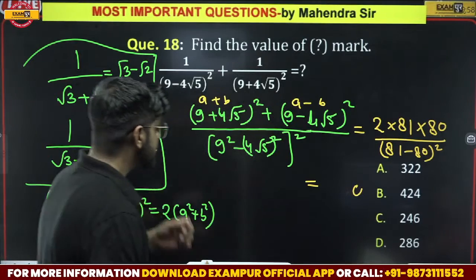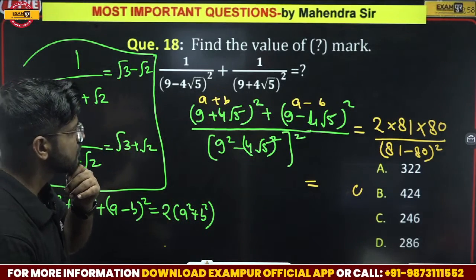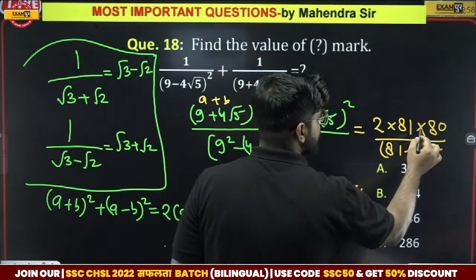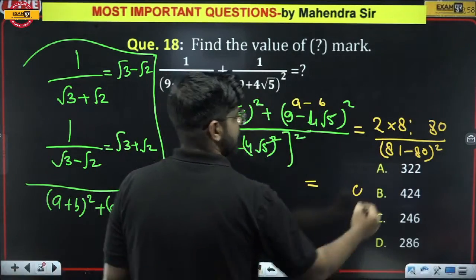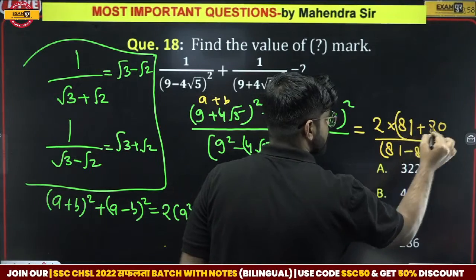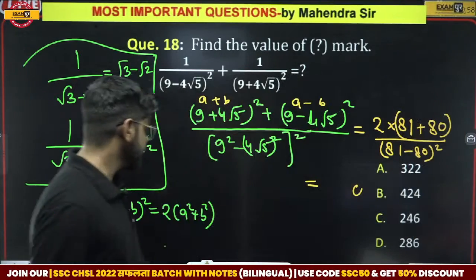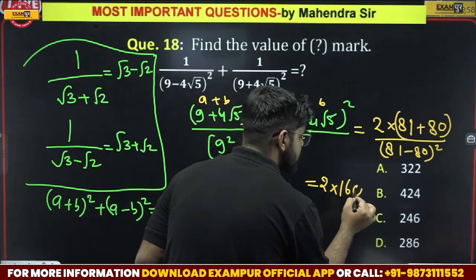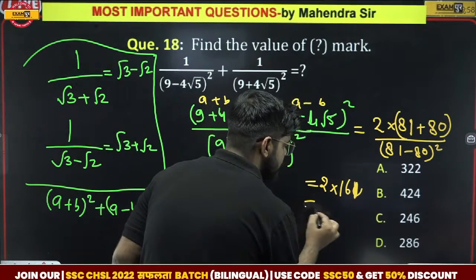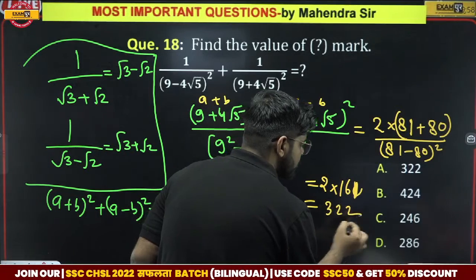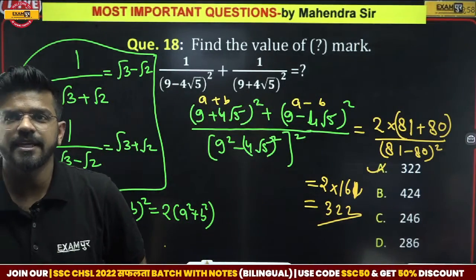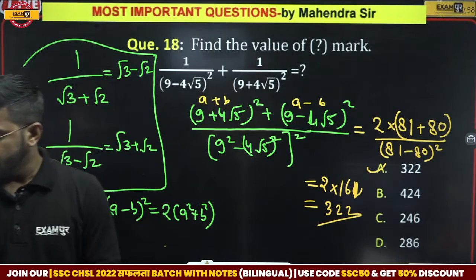Something I missed: 2 times a square plus b square, yes, I have written it here. So 2 times a square plus b square will be 2 multiplied by 161, and the answer will be 322, option number A. Did you get that?